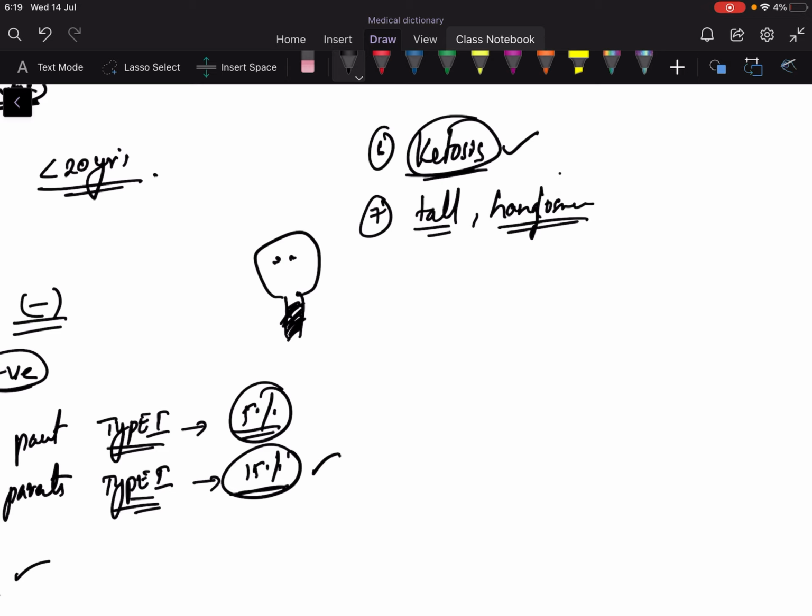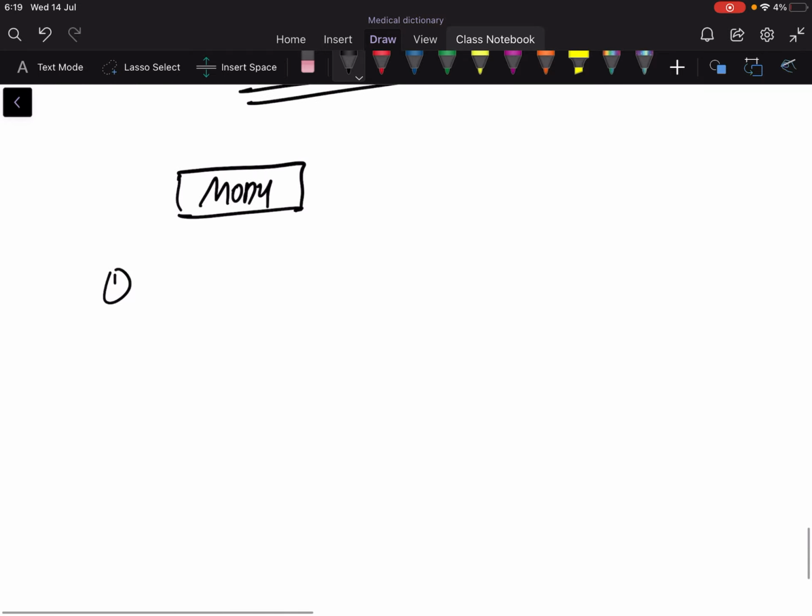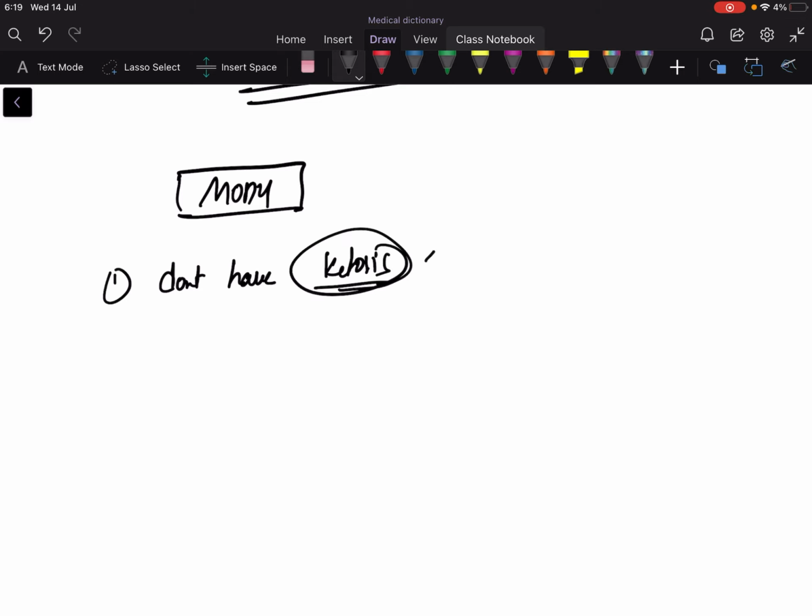In MODY, the most important thing is that these people don't have ketosis. This is the most important thing you have to remember. These people don't have ketoacidosis like type 1 diabetes. This is also called ketosis negative diabetes.